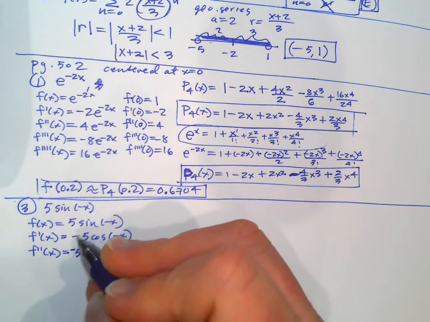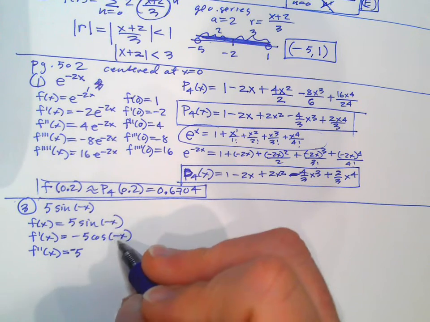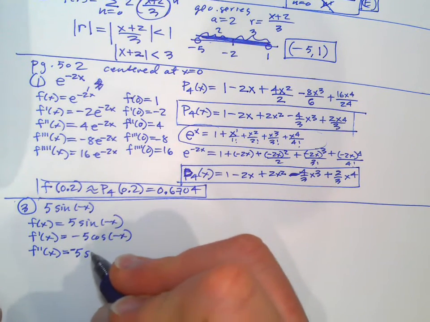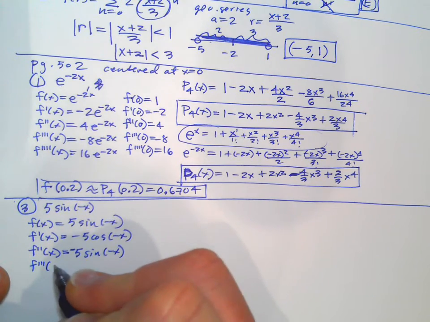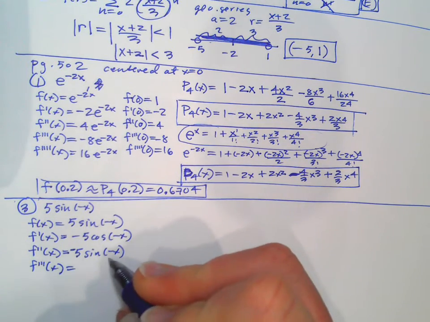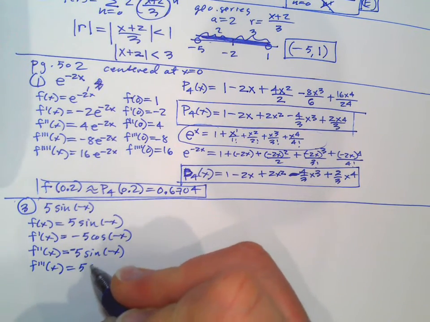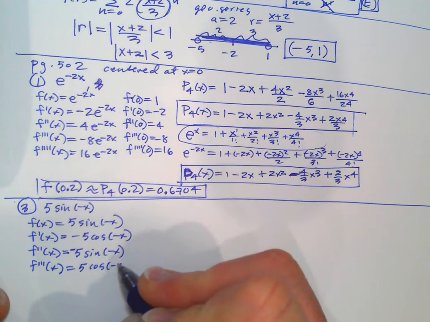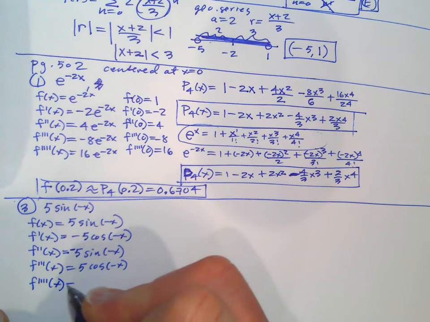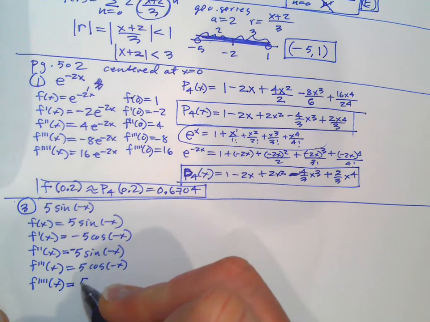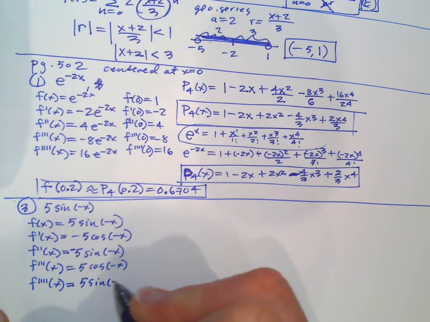There's already a negative, so that's positive. And then another negative comes out because of chain rule. This is going to be positive 5 cosine negative x. And then the fourth one, which we need for fourth order, it's going to be positive 5 sine negative x.